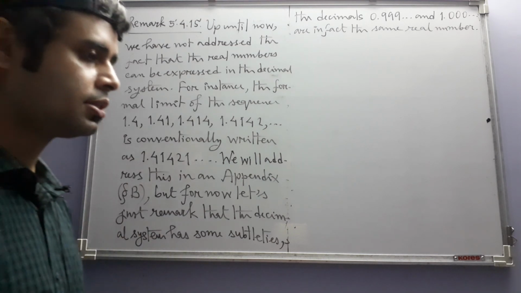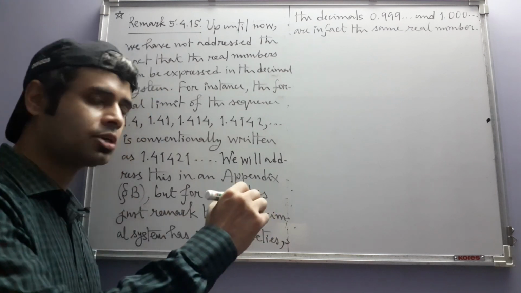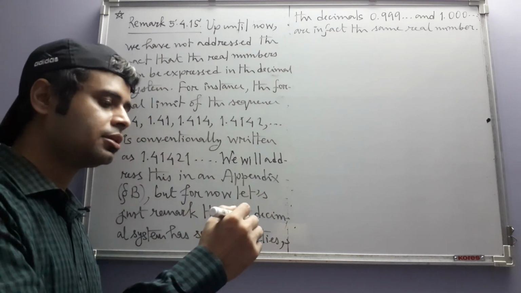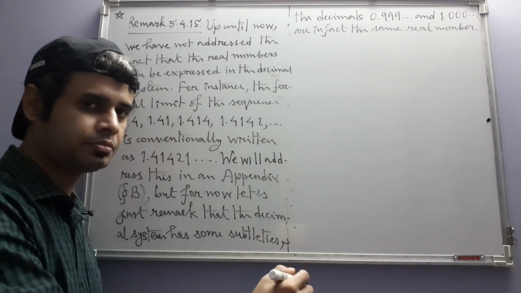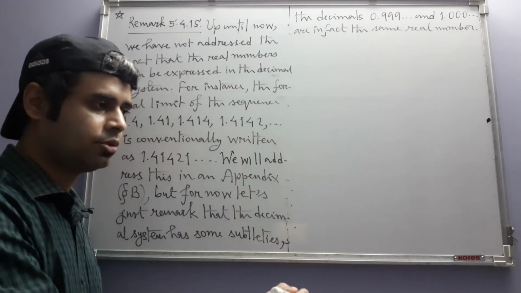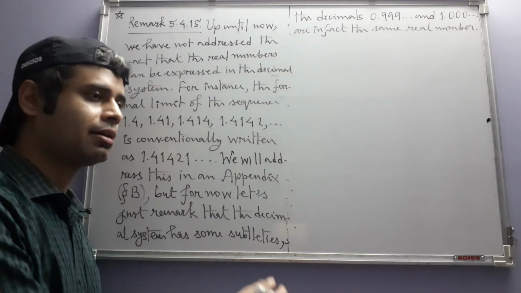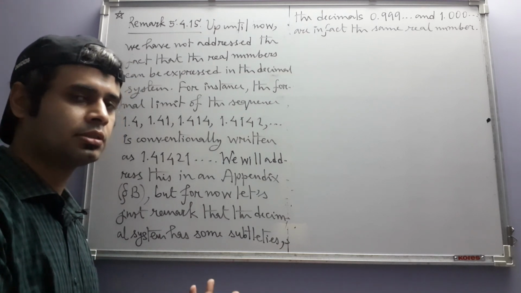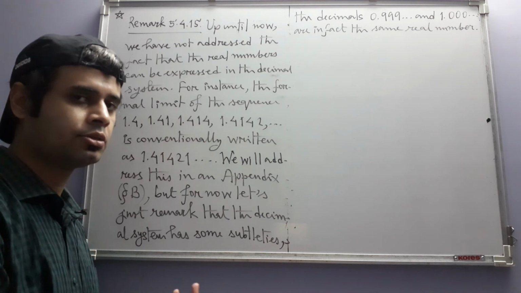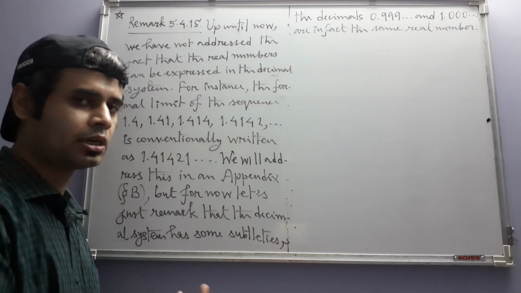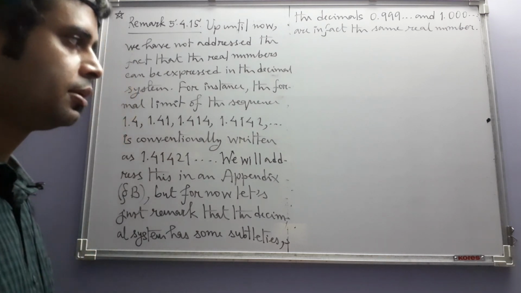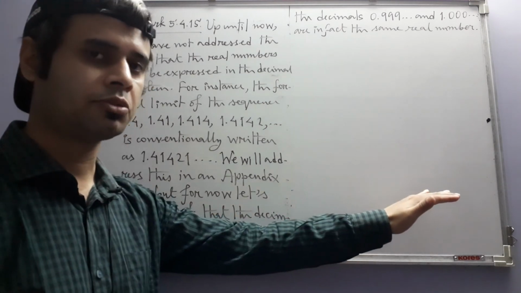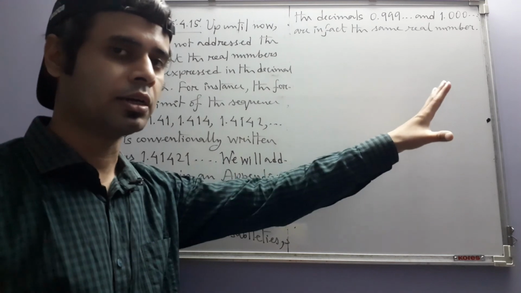So it's the lack of those points that makes the system of rational numbers unsuitable for doing analysis. Because in analysis we are doing limiting processes, we want to end the limiting process somewhere. If that somewhere is not available at all, then what can you do? Such a system is ill-equipped to handle those types of operations. So that is the main reason for jumping from the system of rational numbers to the system of real numbers.